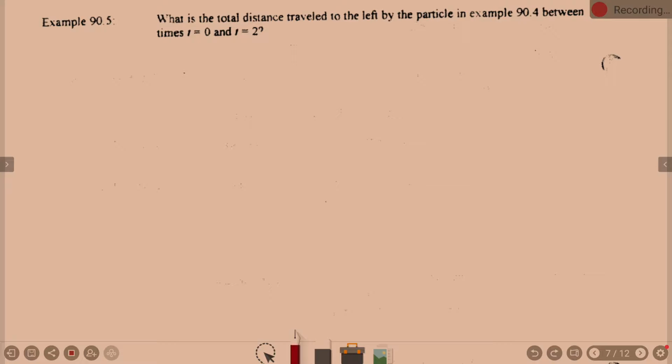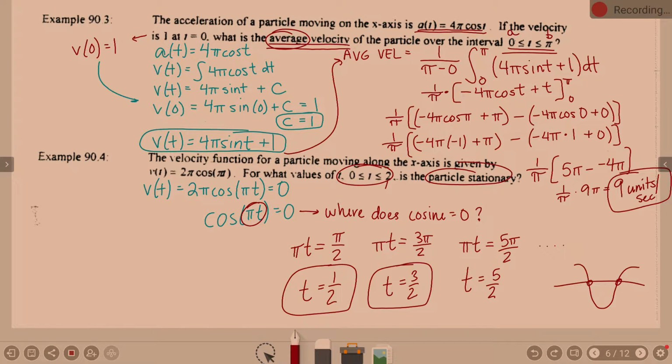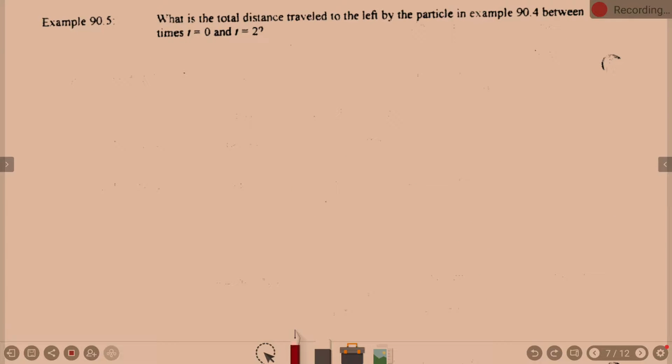After you've all just gotten your books flipped over so nicely. Which was example 4? The one we just did, yes? Okay, so keep in mind that's the one we just did. We want total distance traveled to the left from time 0 to 2.